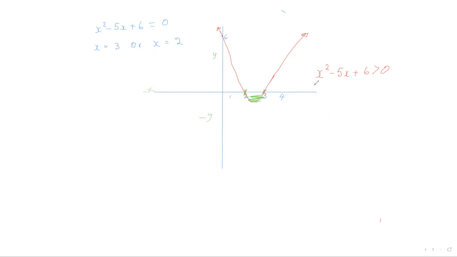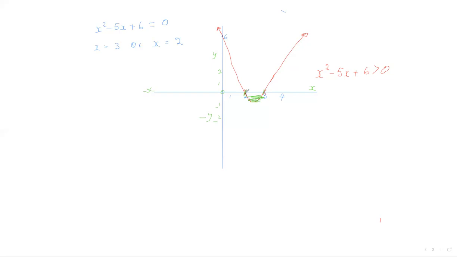But anything greater than 3, the graph is positive, f of x is positive.